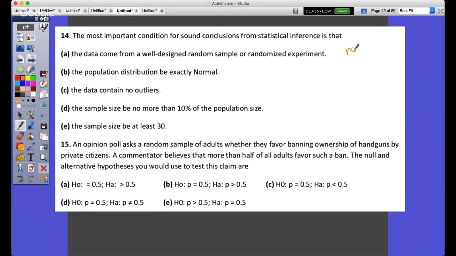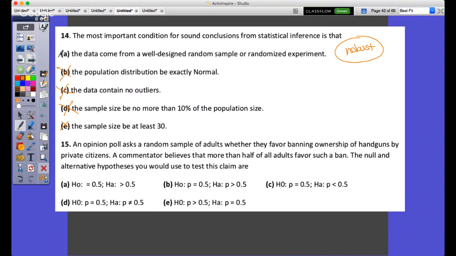Okay, remember the robust example? The most important thing, not that the population distribution is normal, not that the data contain no outliers, not even that the sample size be more than, and not even E. The most important thing is that it comes from A, a random sample, right?